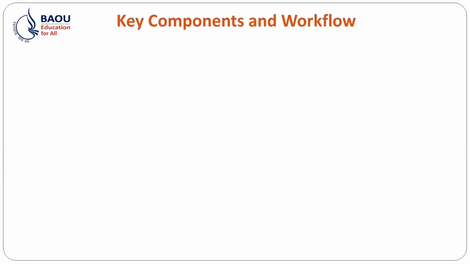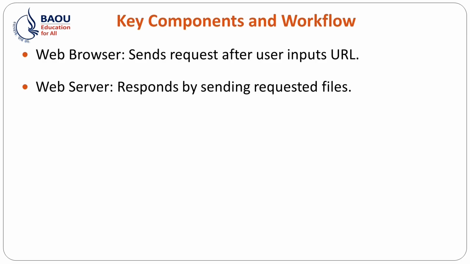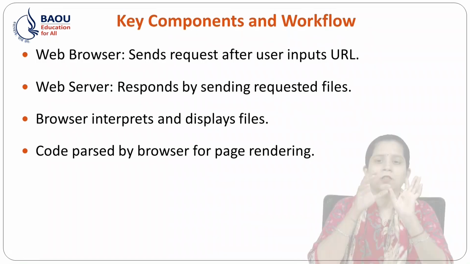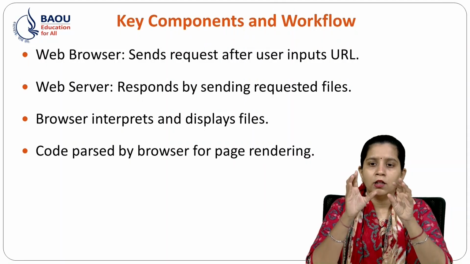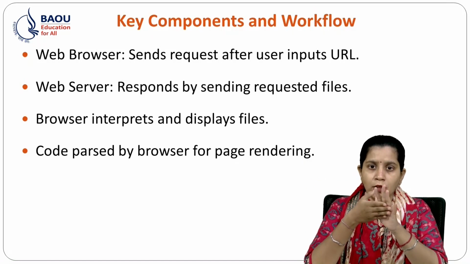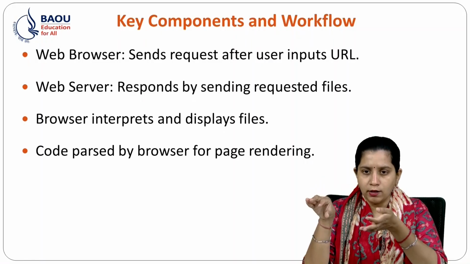So what are the key components and workflow of the World Wide Web? The web browser, the web server, and the code parsed by the browser for page rendering. The web browser is the thing you see, like Firefox or Chrome, and it sends a request after the user inputs the URL.